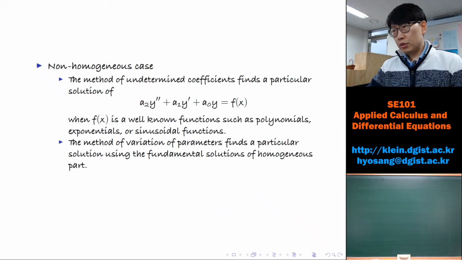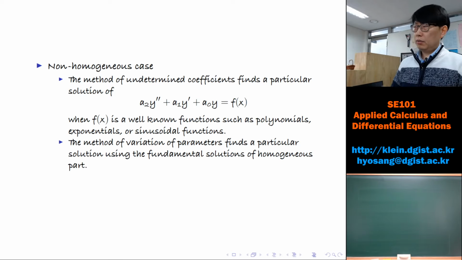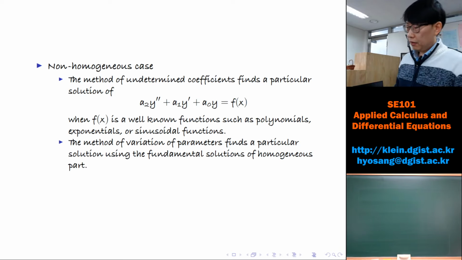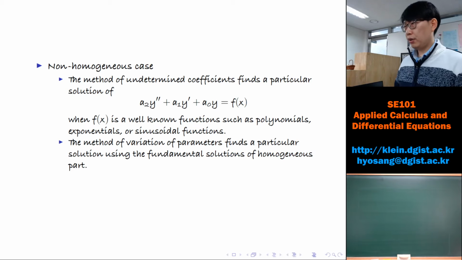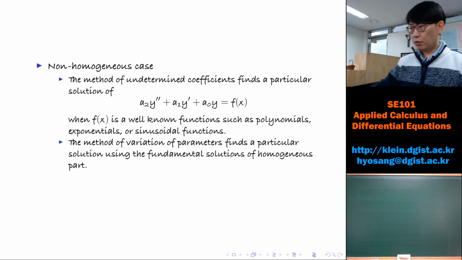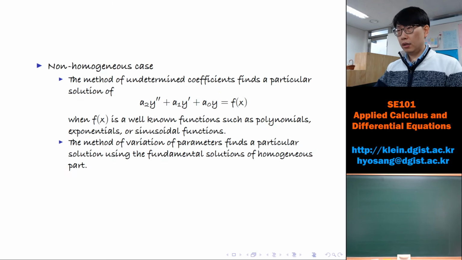For the non-homogeneous case, there are two methods of finding a particular solution. When you find a solution of the non-homogeneous case by the principle of superposition, you first find a complementary solution and a particular solution. The previous case was finding a complementary solution, and this case is finding a particular solution.